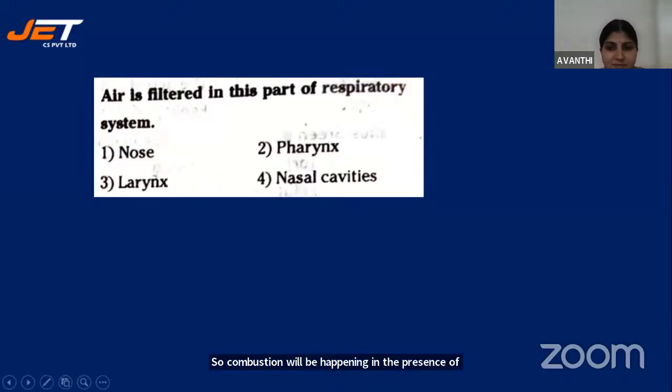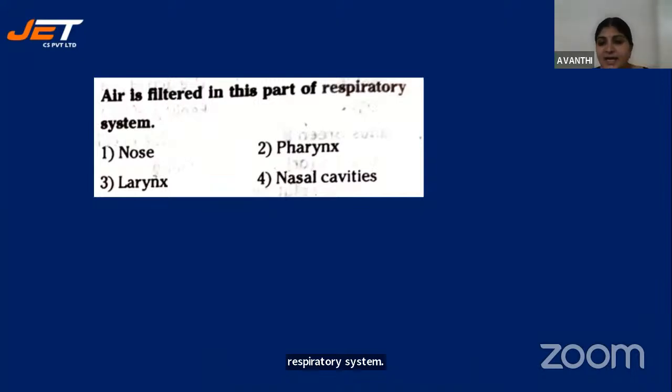Okay, next. Air is filtered in this part of the respiratory system. Where will the air actually be filtered? Nose. See, the air we inhale, we have different defense mechanisms in our complete respiratory system, as soon as we inhale the air. So where does the defense mechanism exist in our respiratory system? Nose, pharynx, larynx, nasal cavity.